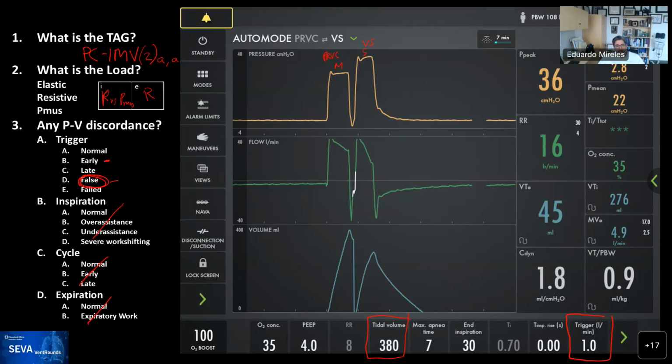But sometimes you cannot recognize it from the ventilator waveform. And one of the techniques to do that is to try to increase the amount of negative trigger threshold so that if there is evidence of PMOS, then it will become evident, because then the patient will be kind of locked out and you will be able to see it on the pressure waveform and say, oh, this is reverse trigger or this is false trigger. Thoughts?